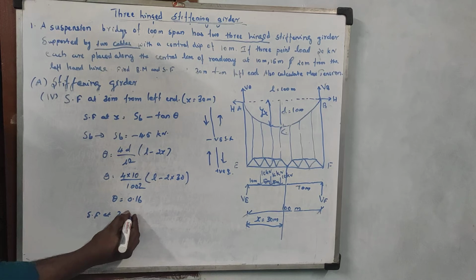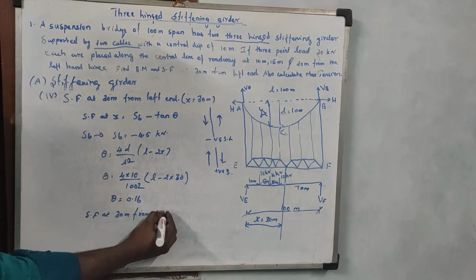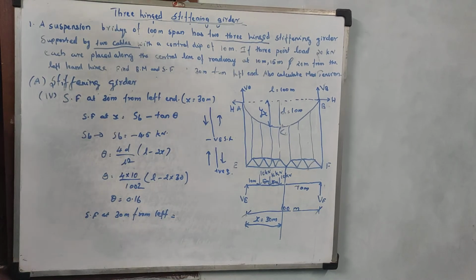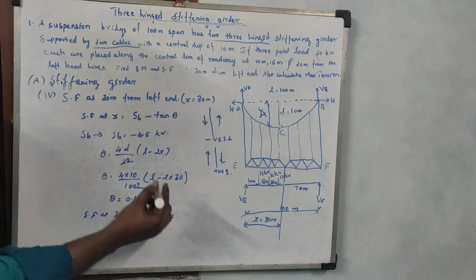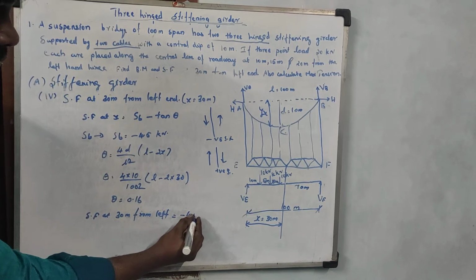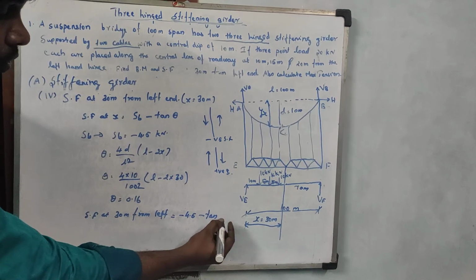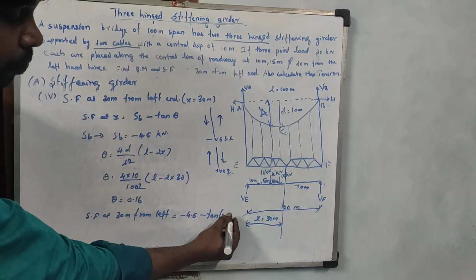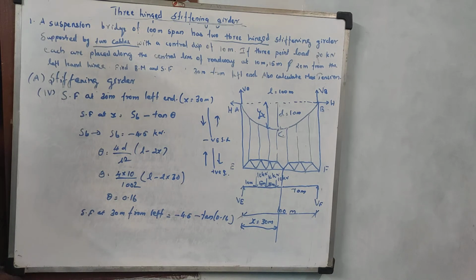Therefore, shear force at 30 meters from left equal to SB, that is minus 4.5, minus H into tan theta, that is 22.5 into 0.16.